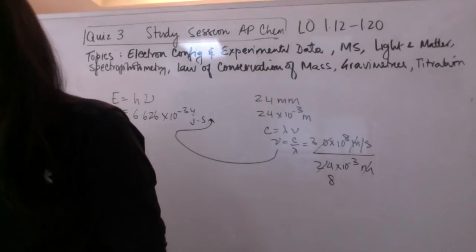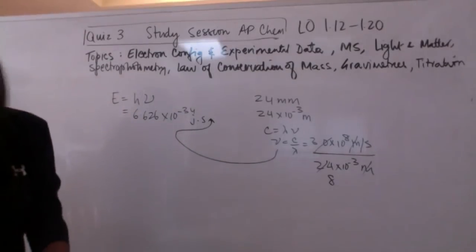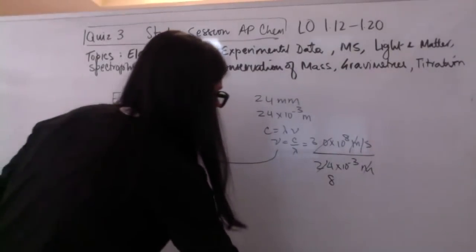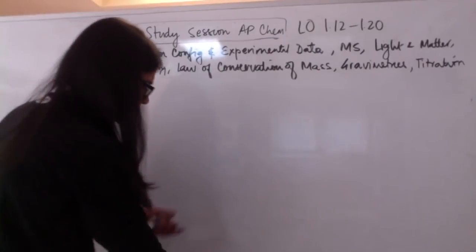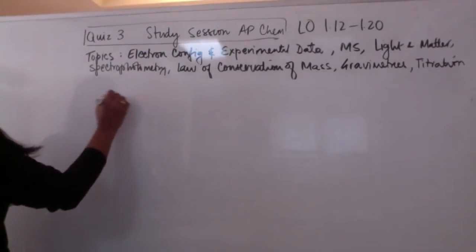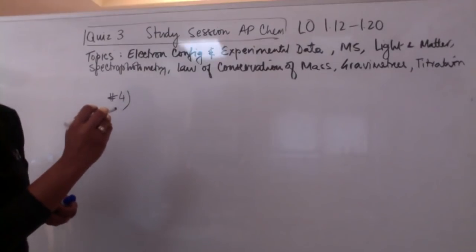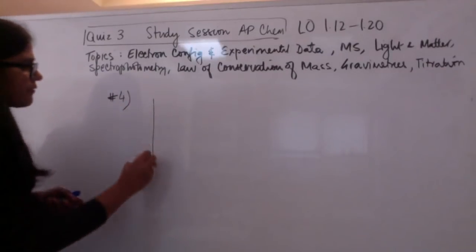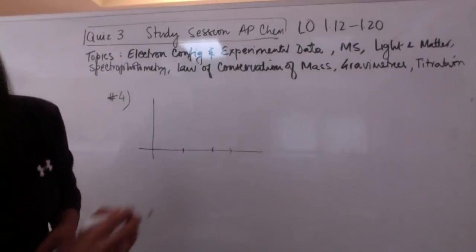So number 4 gives you the percent abundance and gives you atomic mass. They ask you to find the element identity. So here is what you do for number 4. In the purple packet, you're given a graph. On the x-axis is the mass.